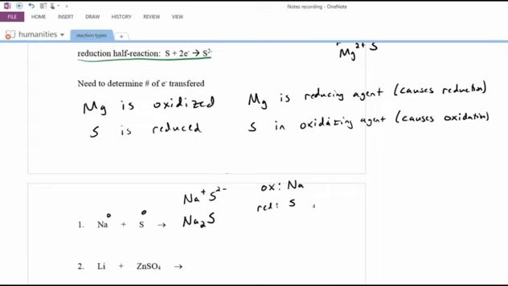And sulfur is reduced. Sodium is the reducing agent. Sulfur is the oxidizing agent.